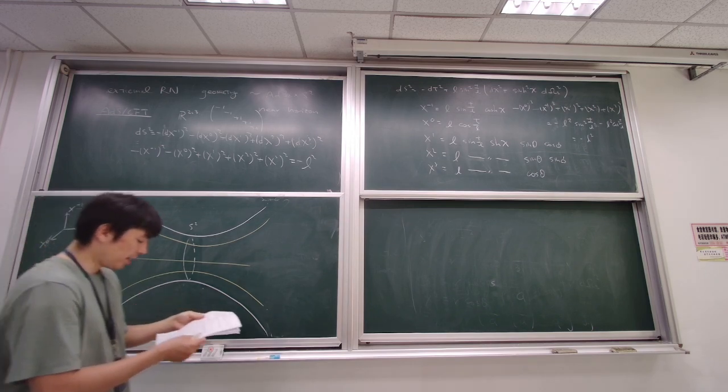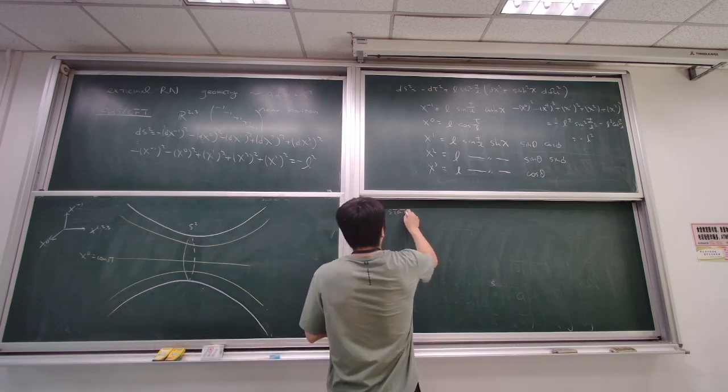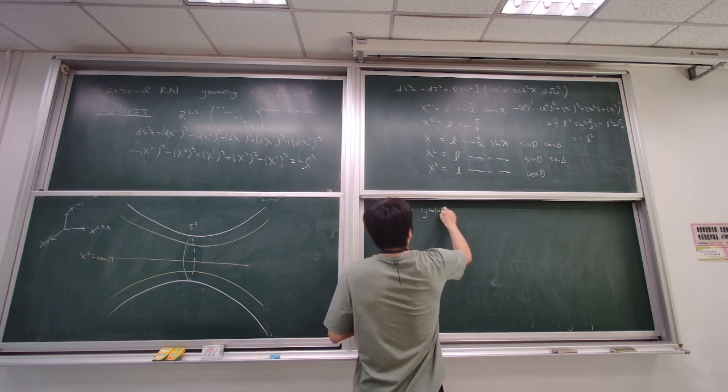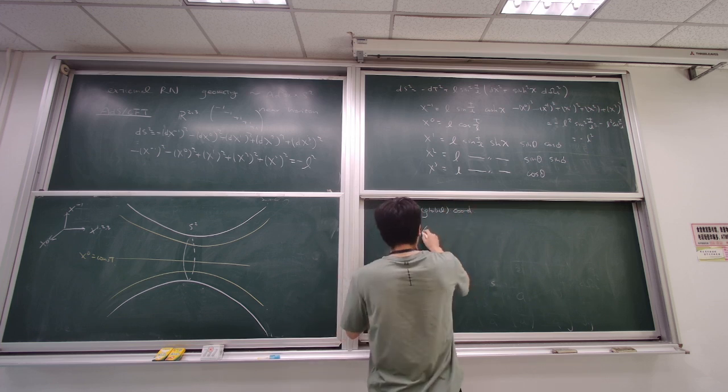One is called the static, or global, coordinate. So which is something like this one.